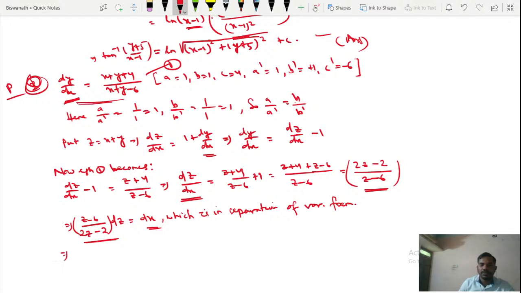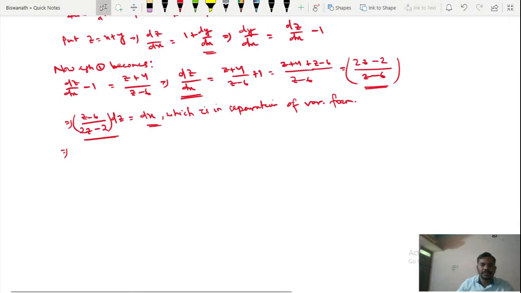So we are able to separate these variables.